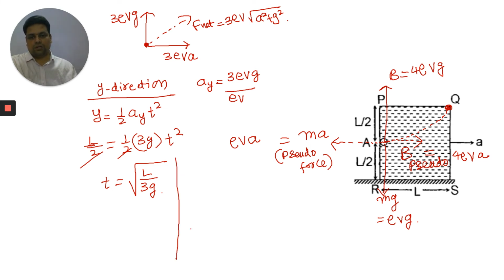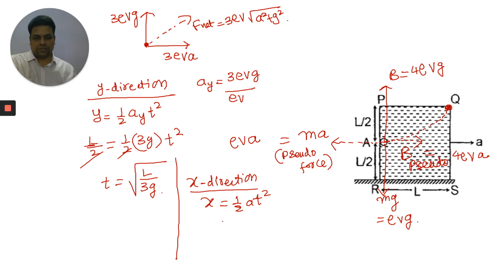And you need the acceleration of the frame in the x direction. In the x direction the displacement is L. x is equal to half a t². Why are you using half a t²? Because uniform acceleration is there in the x direction, and the ball is just released relative to the container, so the ball is initially at rest.